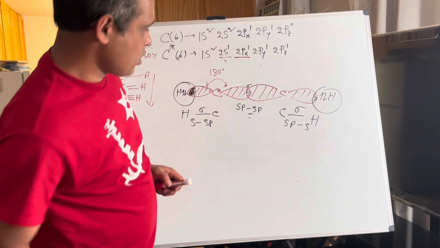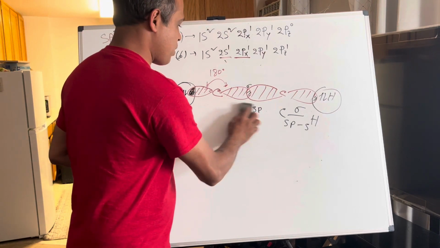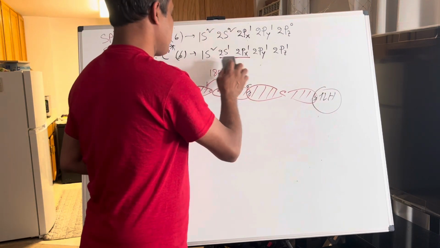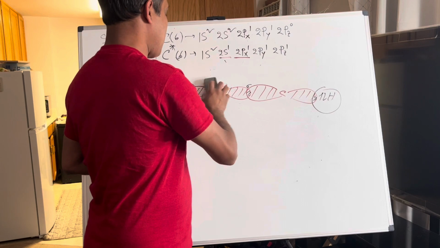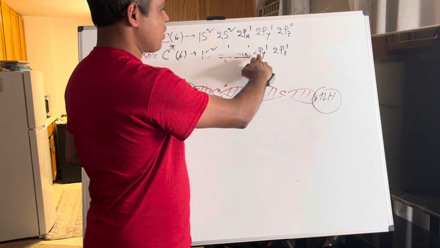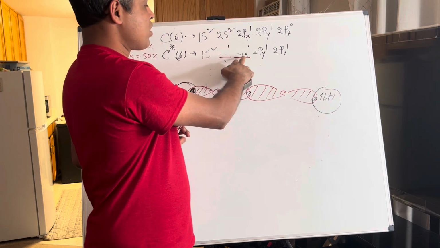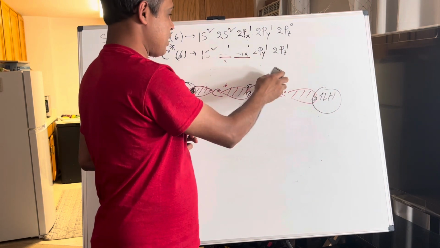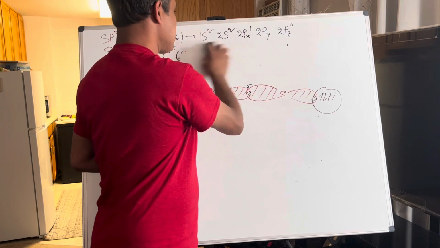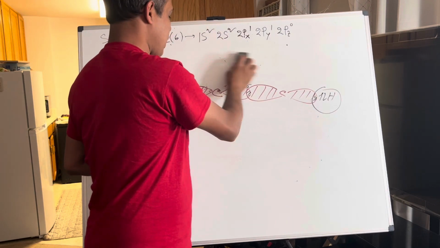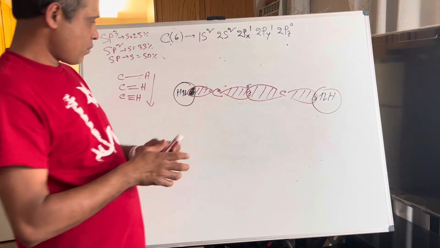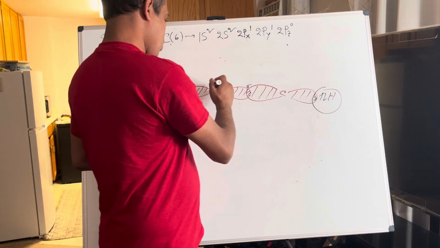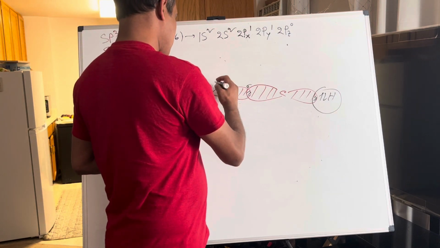But now we are going to erase this part to explain the remaining part, because we have unhybridized orbitals. If you see, it was mixed 2s and 2px, but we have unhybridized 2py and 2pz. So let's see how it looks.